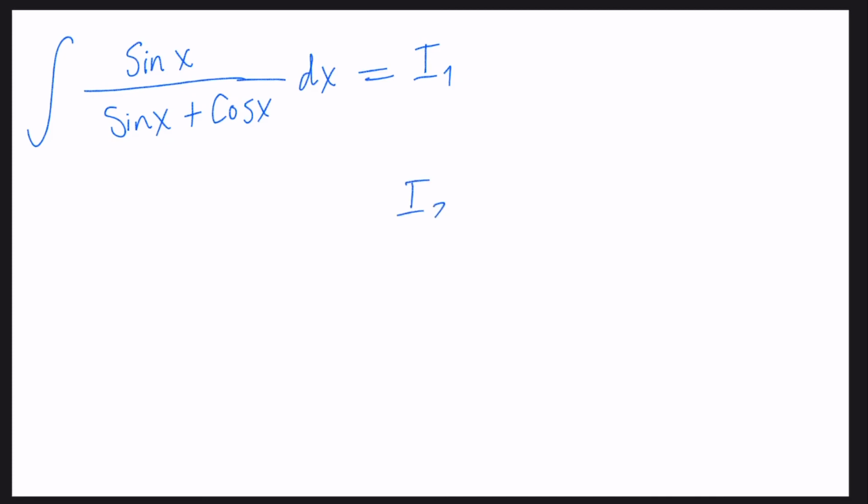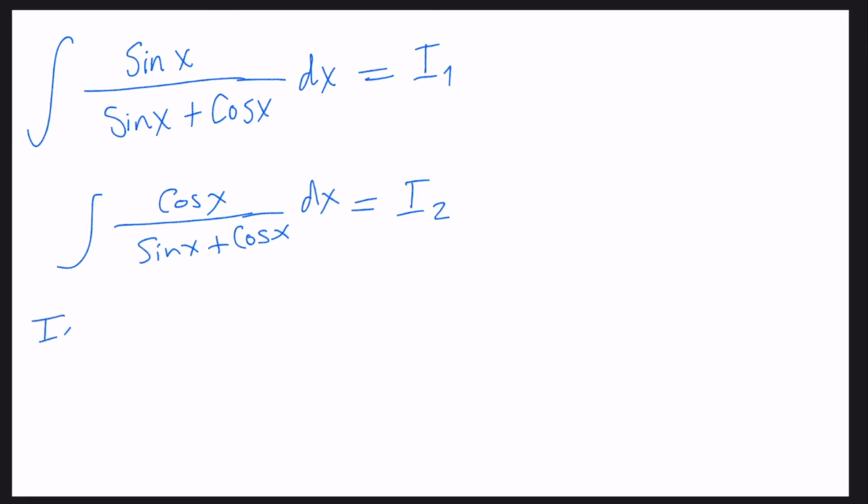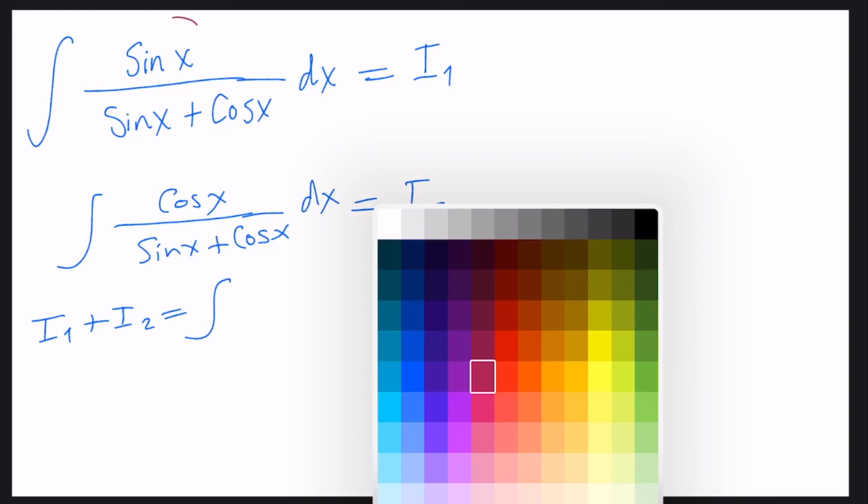And I will define A2 as the integral of cosine of x divided by sine of x plus cosine of x dx. Okay, so if you calculate A1 plus A2, you have to add these two parts.